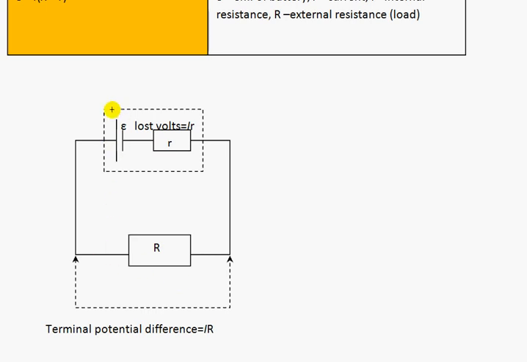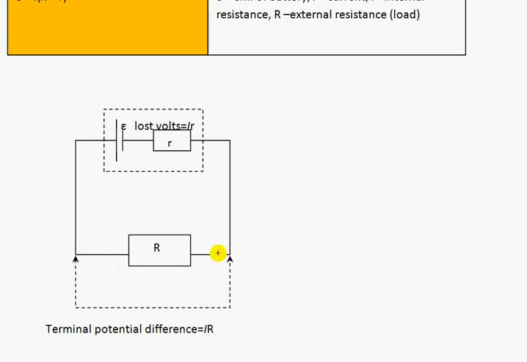This is the cell. Inside we have internal resistance, and this cell provides us with EMF. Outside, what is outside we call load or external resistance, and we can measure voltage across these two terminals.